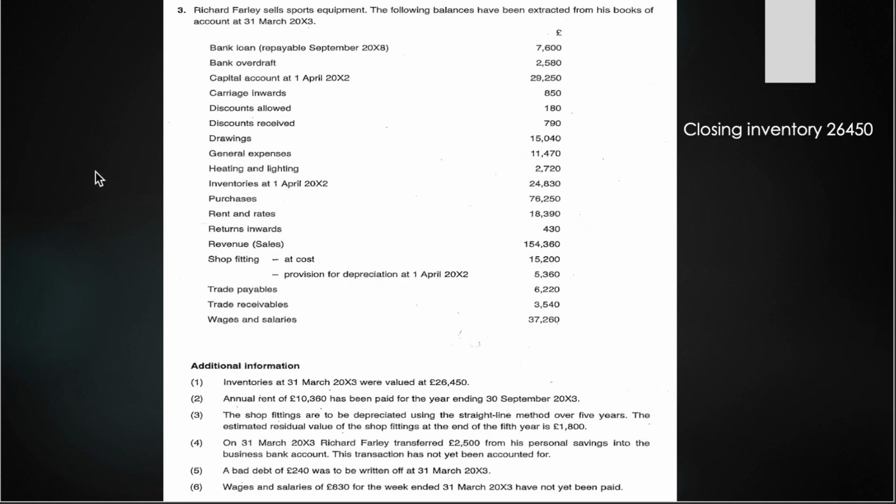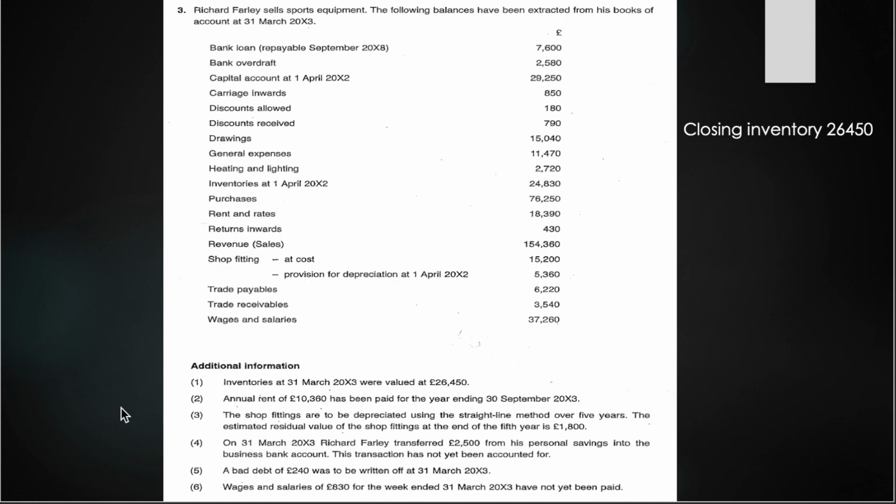Second adjustment. It says annual rent of 10,360 has been paid for the year ending 30th September 2003. So our year end is 31st of March and we've paid up to 30th of September 2003. That means we've prepaid 6 months, because if you count it, April, May, June, July, August, September, that's 6 months. As I said before, you only include amounts that you should have paid, not what you have paid.